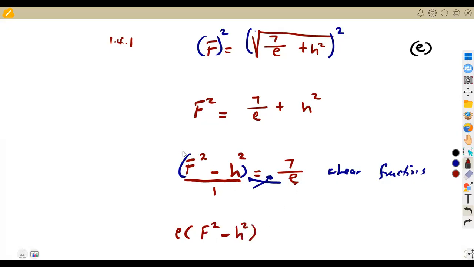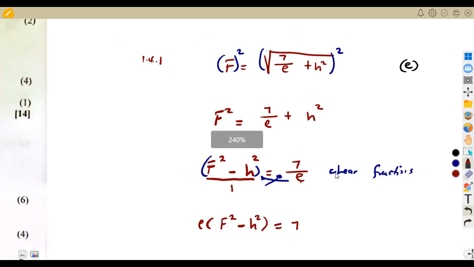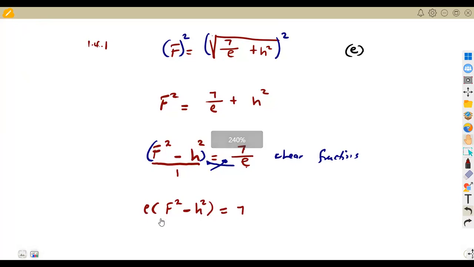This is to show that e is supposed to multiply everything, all right? And this is equal to 1 times 7, which is a 7. So as we can see, what we need to make the subject is already clear here, which is this e is just being affected by the bracket, which is multiplying.